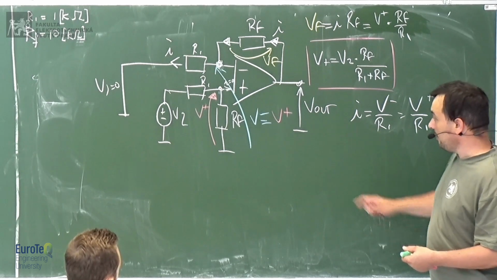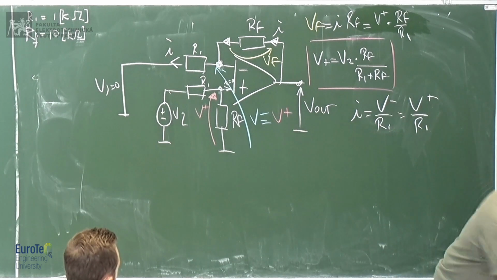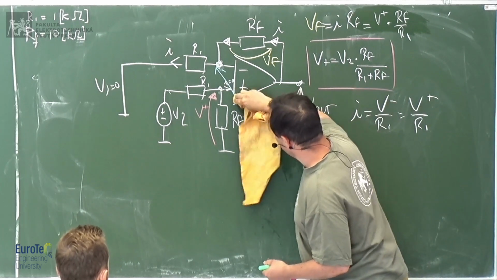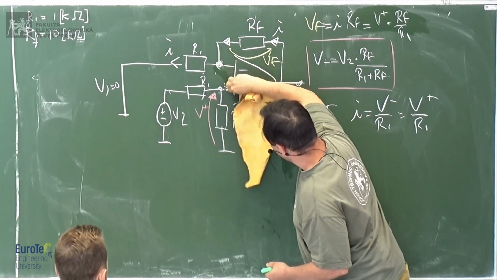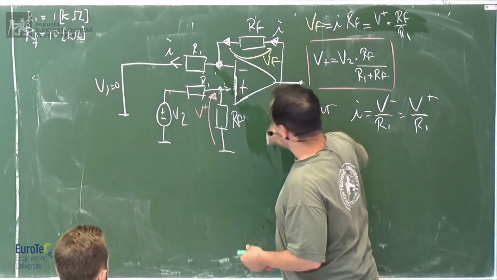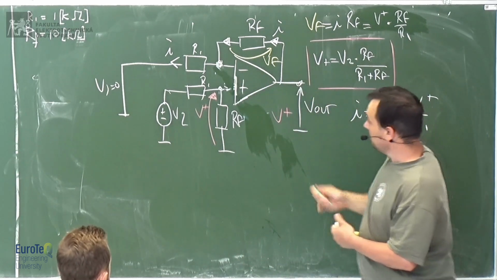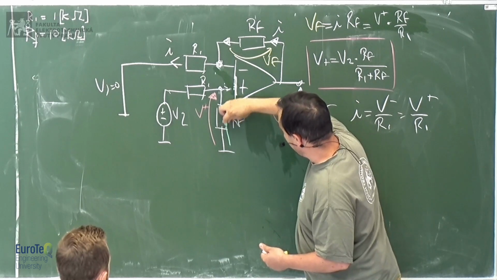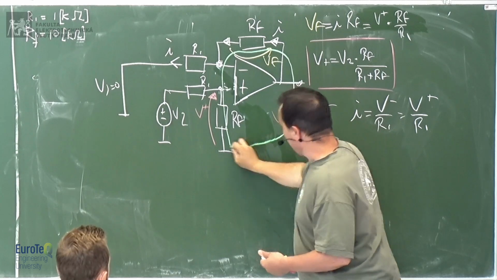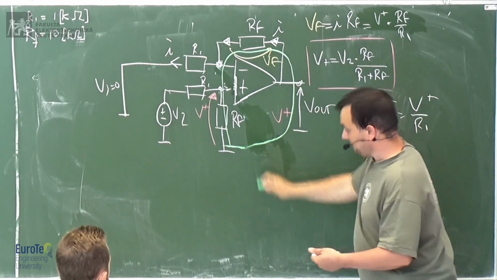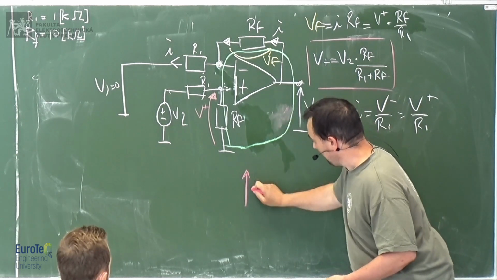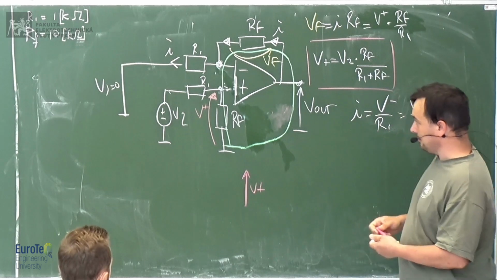Now let's look at this loop. I will erase this V negative because it's just messing up everything. I will consider this loop. Here we have V plus.